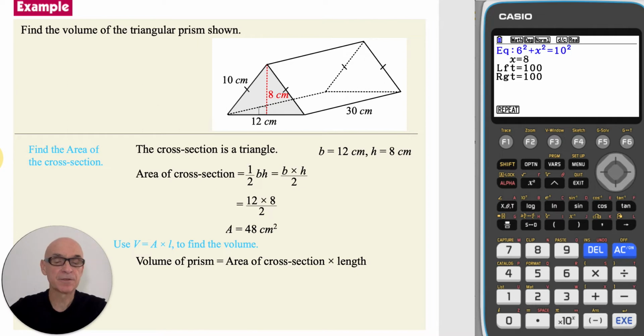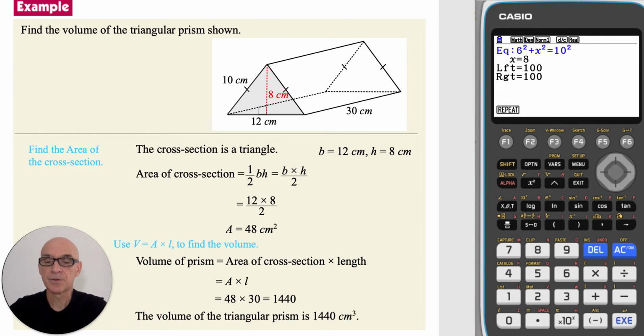Then stating that the volume of the prism is equal to the area of the cross-section multiplied by the length, substituting in 48 for the area and 30 for the length, giving a value of 1,440. So the volume of the triangular prism is 1,440 centimeters cubed.